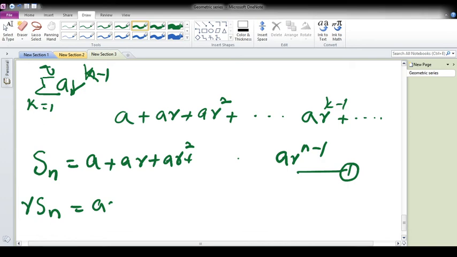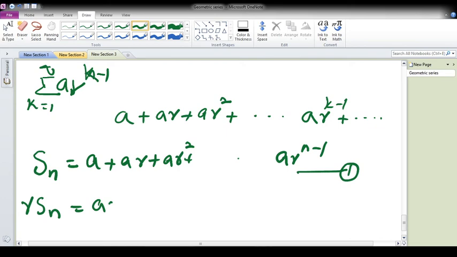So we got two equations, Sn and rSn. And you take 1 minus 2. So Sn minus rSn equal to a, and then ar minus ar is 0.